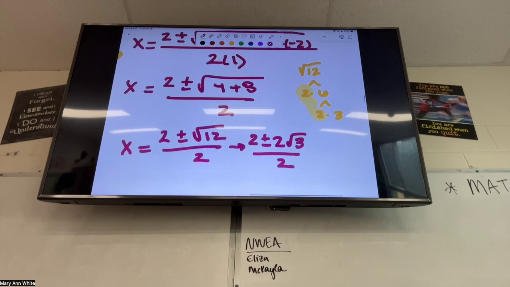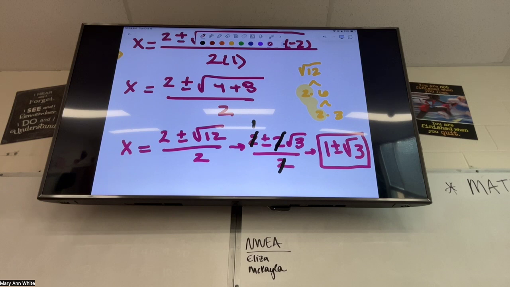And then all those 2's cancel out. I don't just get left with plus or minus root 3. I get left with 1 plus or minus root 3. You have to remember that that number in front is being added or subtracted. We can't just get rid of it. And so as funny as that looks, that's a legit answer.